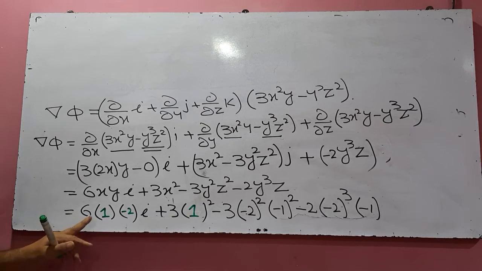So 6 multiplied by minus 2 will be minus 12i.